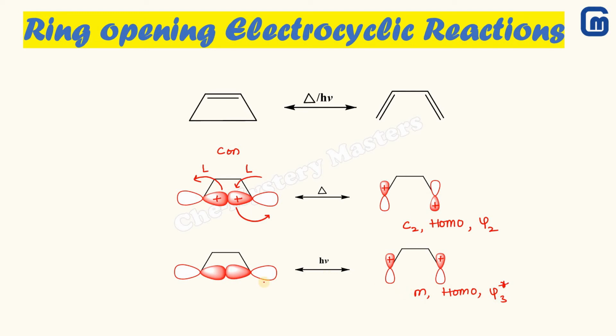Now we have to see how I will move these orbitals so that I can get this mirror image. For that, this first orbital has its positive lobe towards the upper side. So I will move it towards my left hand side, that is, anti-clockwise movement. While the other positive lobe on this orbital is again towards the upper side, so I have to bring this lobe again towards the upside.